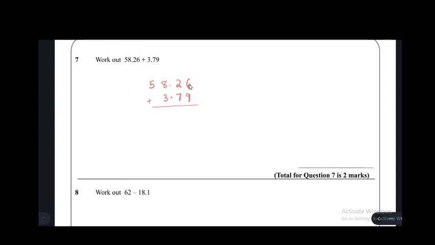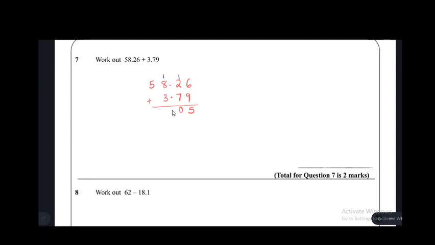Okay, so 6 plus 9. We can always start with the bigger number, 9 plus 6. So 9, 10, and then we remain with 5. So 10 plus 5 is 15. So we have a 5, and then remember what we always do, we carry 1. And then we have 1 plus 2 plus 7. You can always start with the bigger number, 7. 7 plus 2 is 9, plus 1 is 10. 0, we carry 1.